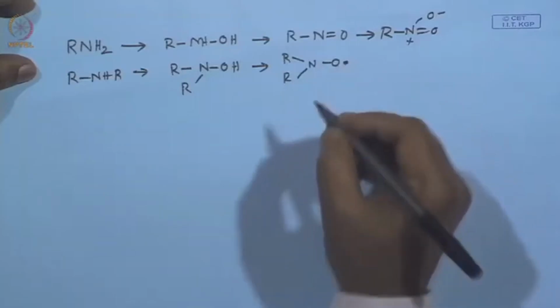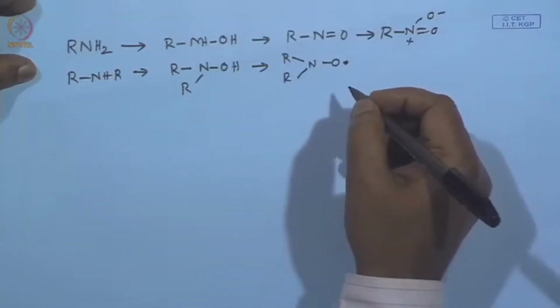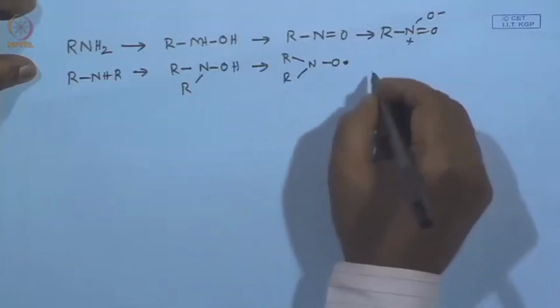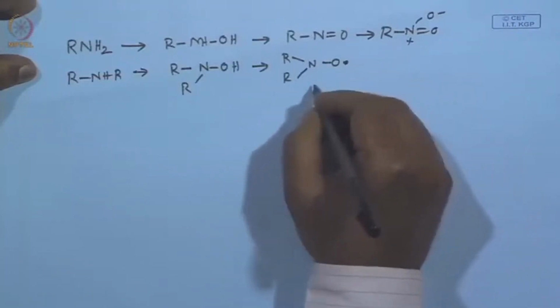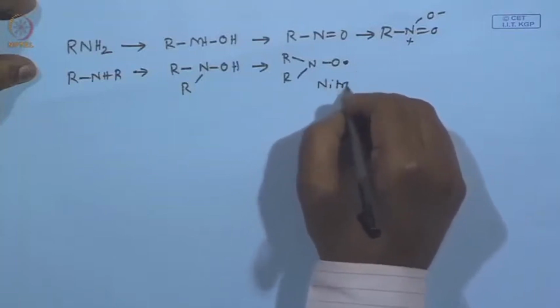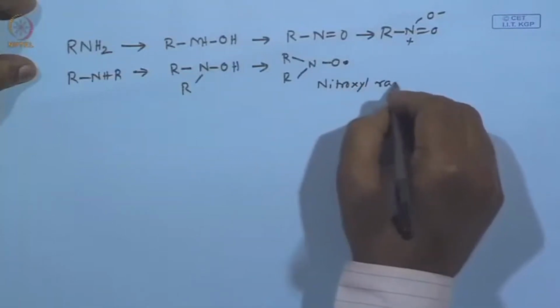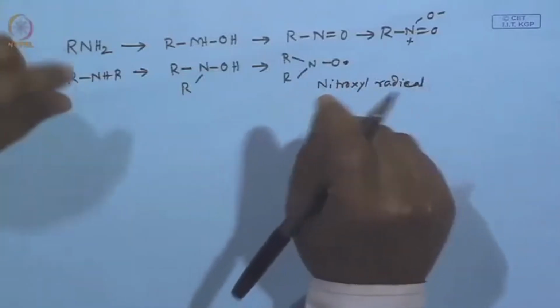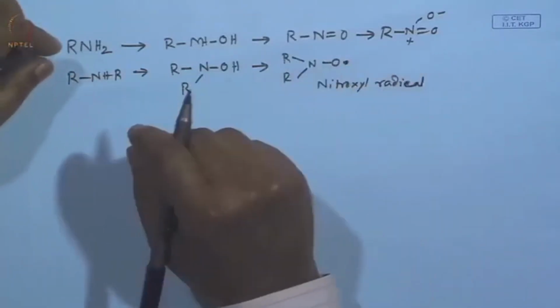You have seen it, oxyl, right, nitroxyl, like in TEMPO, maybe we will talk about today. And so, this is known as nitroxyl radical. So, like this, you have all kinds of them.